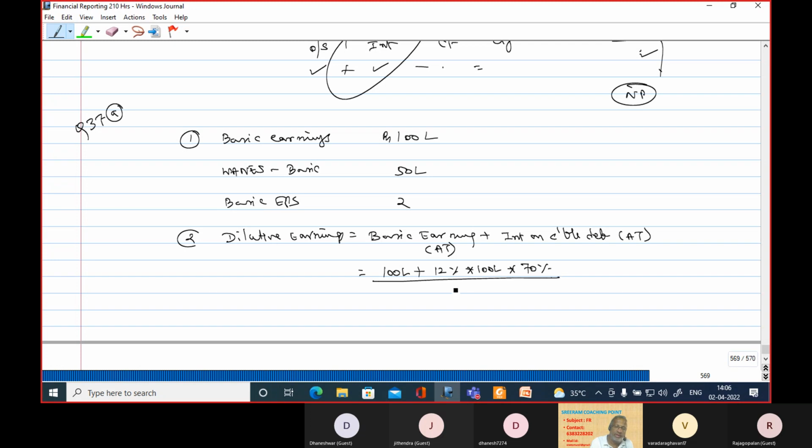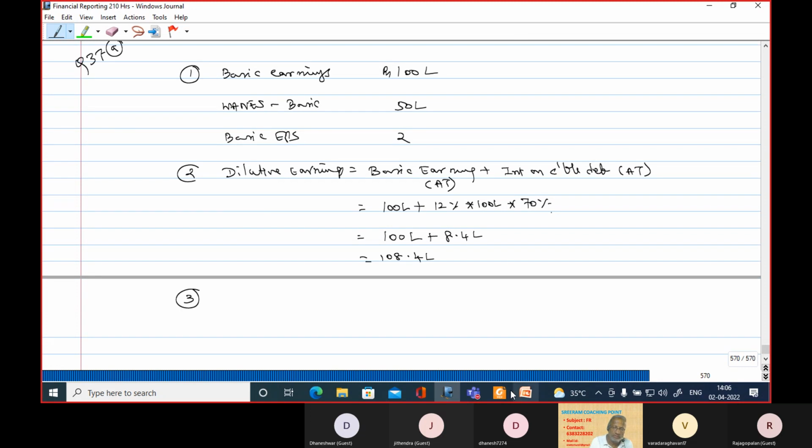That is only for EPS computation. Plus 8.4 lakhs. So 108.4 lakhs dilutive earnings.